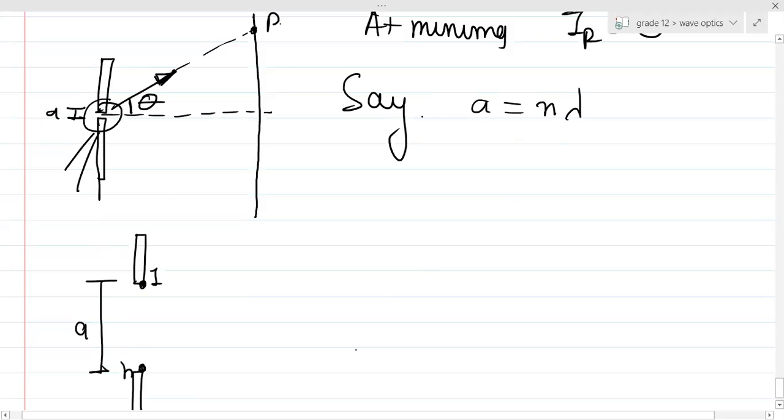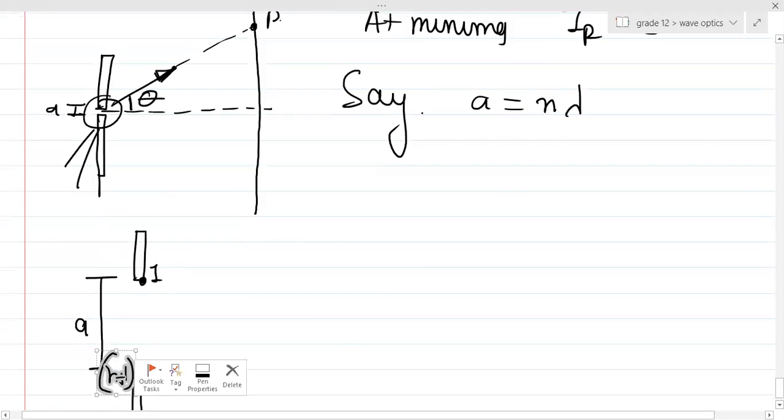Okay, so basically I'm assuming how many points? N plus 1 points, right? So if I'm assuming n plus 1 points, then how many will there be? One second, wait guys, one minute, just wait for 1 second.